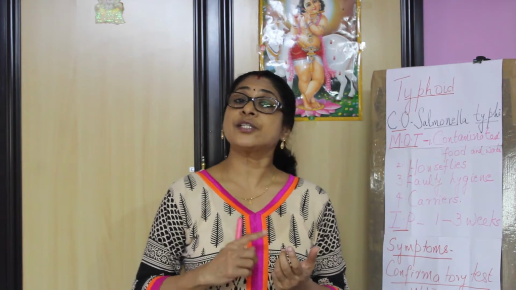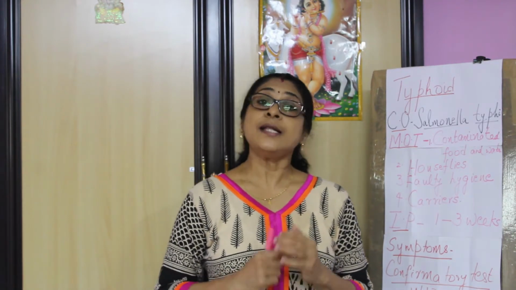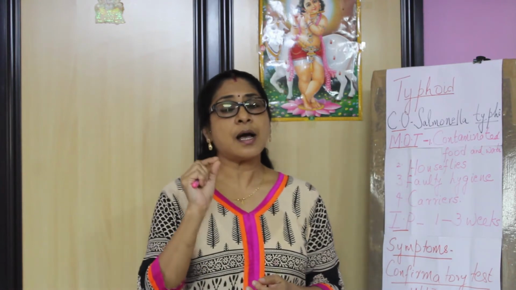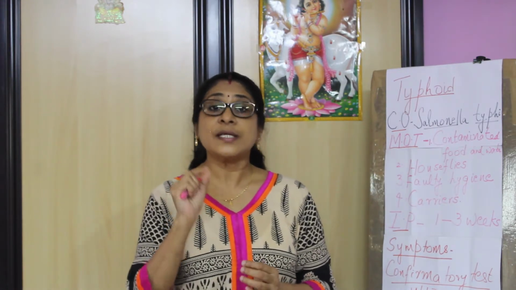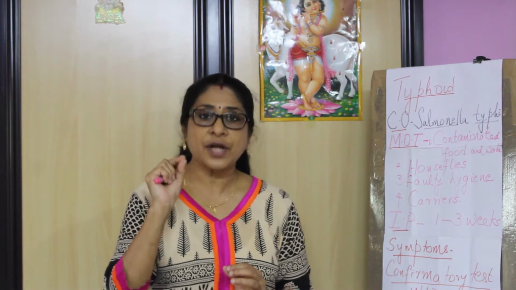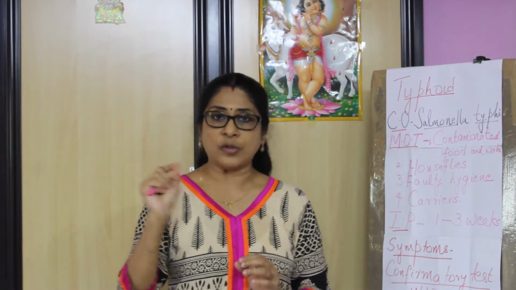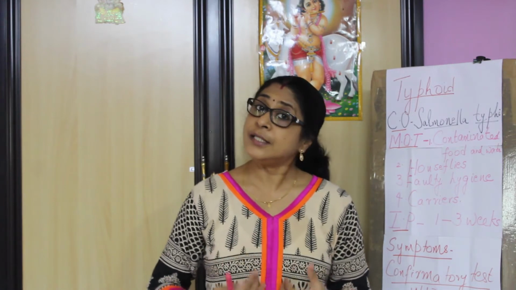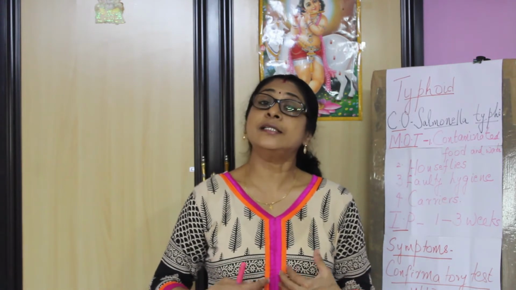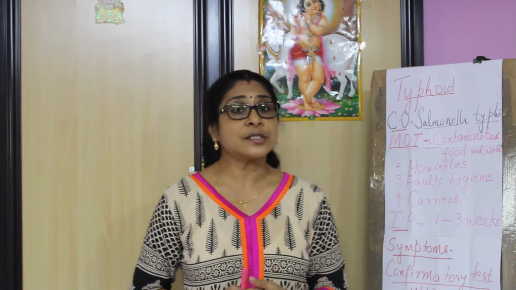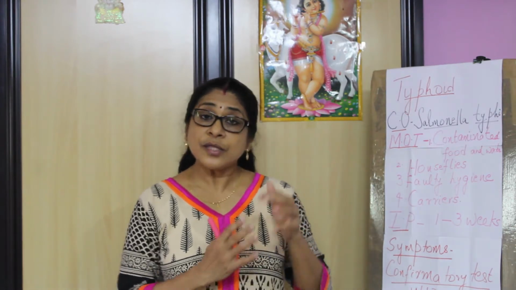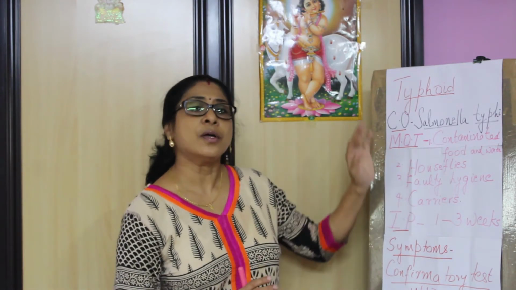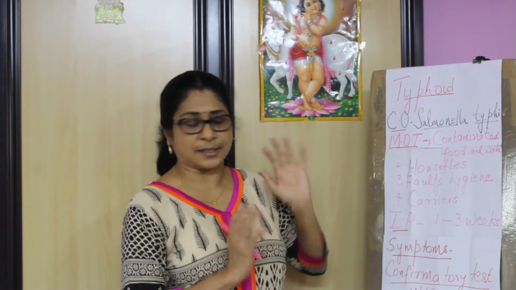In severe cases, the bacteria may cause intestinal perforations, small holes in the intestine, which may lead to internal bleeding or internal hemorrhage, which is quite fatal. So these are the symptoms of typhoid disease.